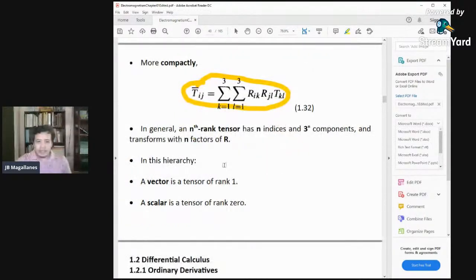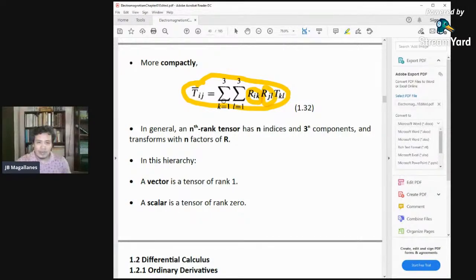And then if you have an nth rank tensor, it has n indices. Here, this is a second rank tensor, so you have two indices only. For an nth rank tensor, you have n indices and then 3 to the n components. And this transforms with n factors of R. This is only rank 2, so you have only two R's.